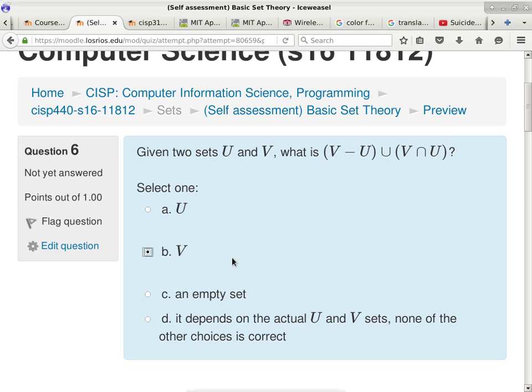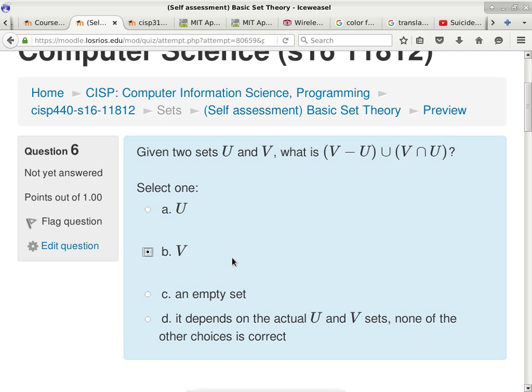So when you union these two, you are adding back the stuff that you excluded from the left-hand side of the union, to add everything back to V. Okay, let's look at the Venn diagram.